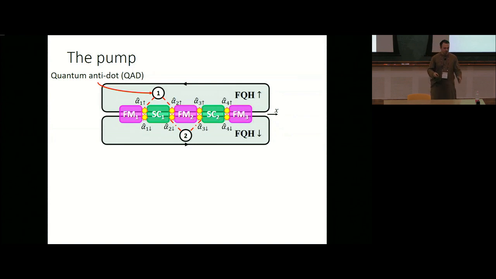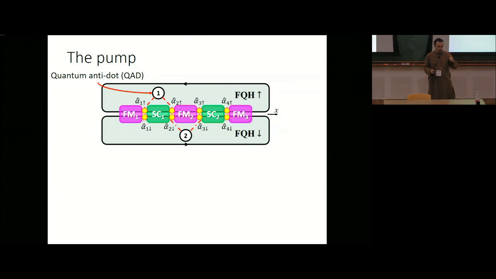What is a quantum antidot? It's a depletion in my fractional quantum Hall effect. So I can put a fractional quasi-particle into this depletion. So it's like a quantum dot for fractional quasi-particles.